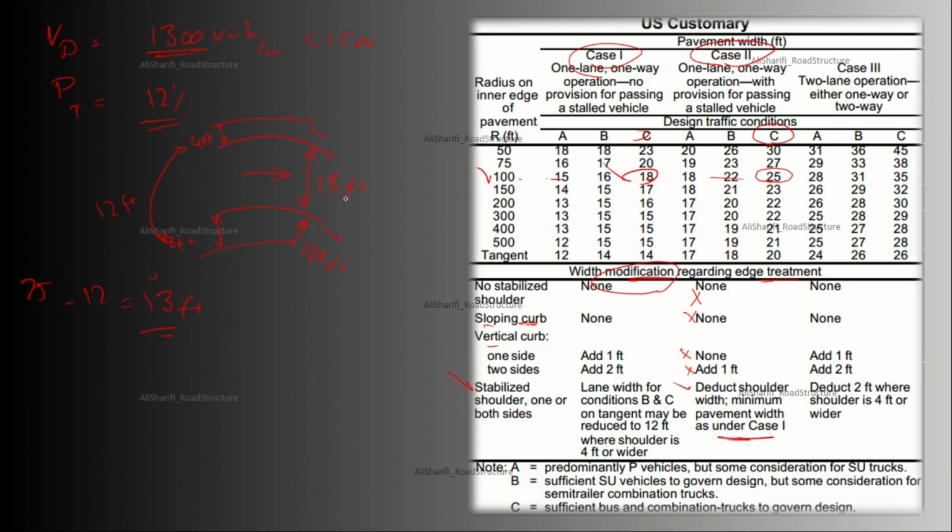Since it was an intersection of two major arterials, a larger design vehicle like WB67 is expected to use the turning roadway. So the sum of shoulders and traveled way widths, which is 30 feet, must be greater than the widths under case 1 for WB67. Well, let's check that out.